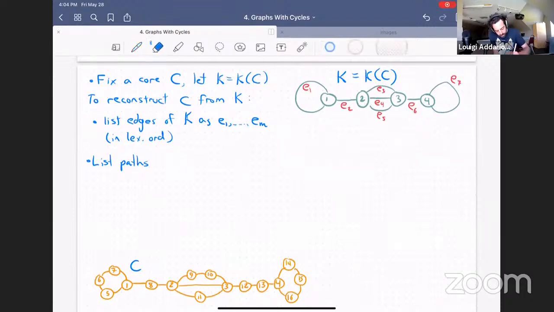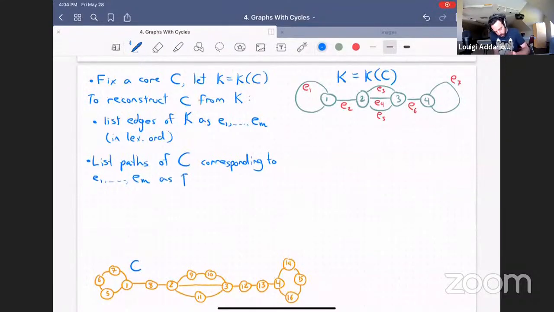So we'll list the paths of C corresponding to the edges of K in that order as P1 up to PM. In this example, P1 is this path here, 5, 6, 7.